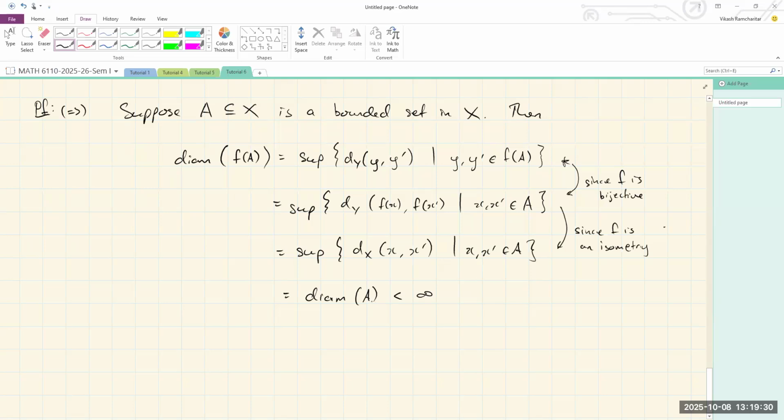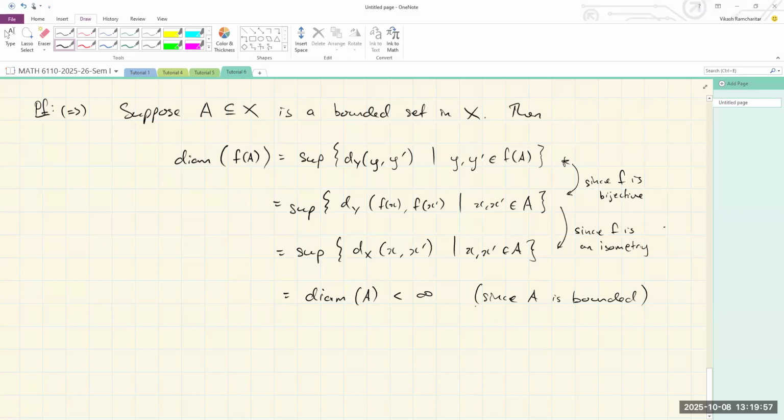So if A is bounded, then the diameter of f of A is bounded. Now, remember this was an if and only if statement. You can actually go backwards. What I'm saying is that you can actually go in reverse.